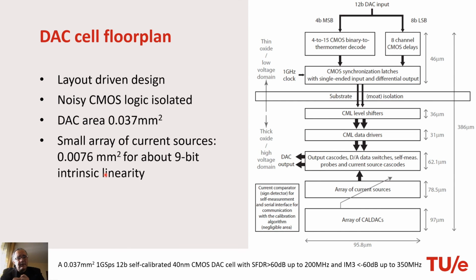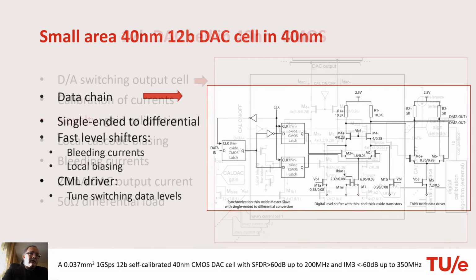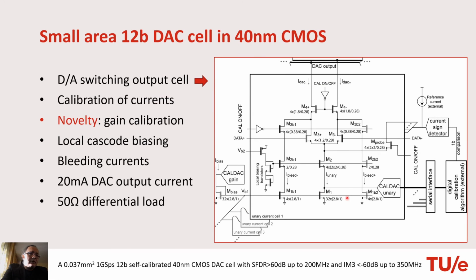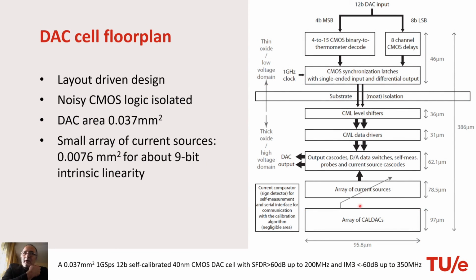That's the trick. We add a little bit of calibrating like this block, but still this allows us to design a very small area array of current sources. You can see here the areas of the current sources actually are given. If you compare this with other papers, you'll see that here we gain a lot of area by allowing small arrays of current sources.